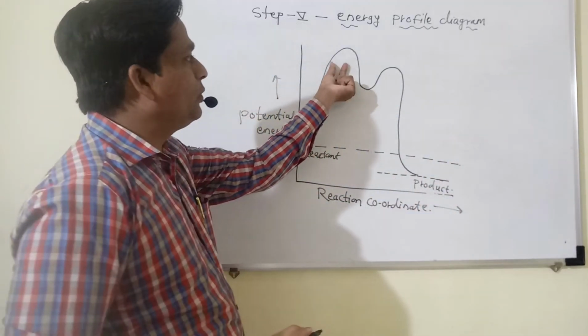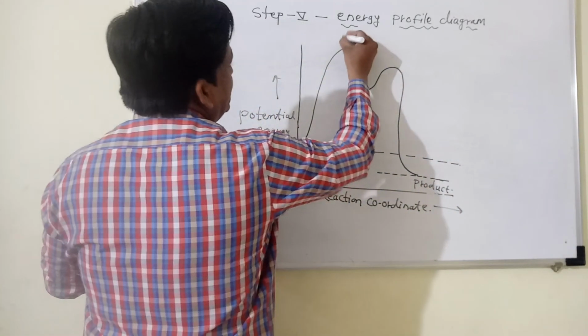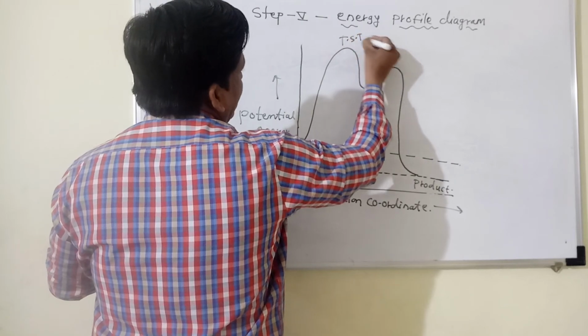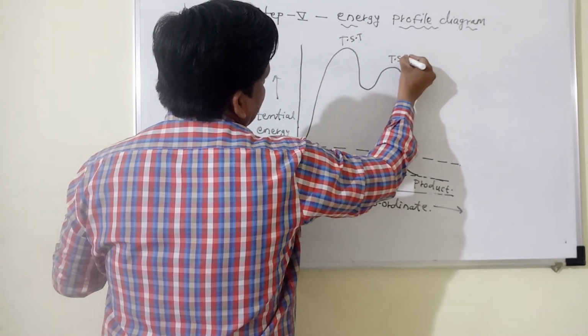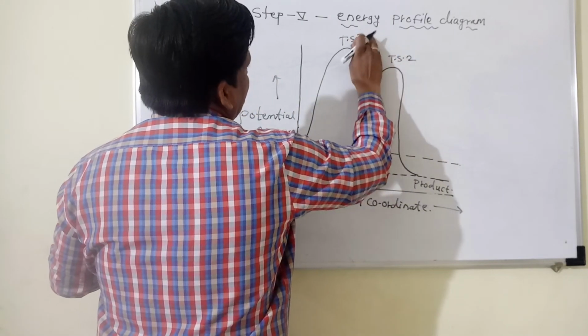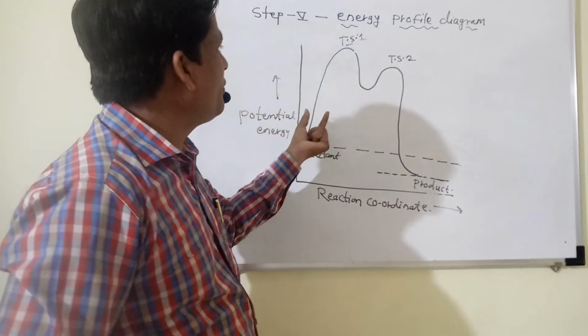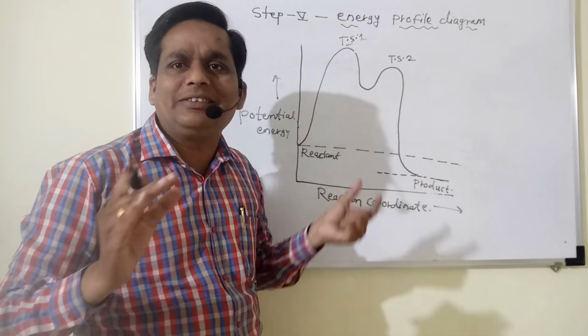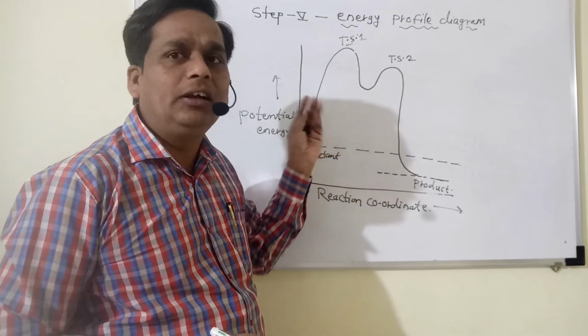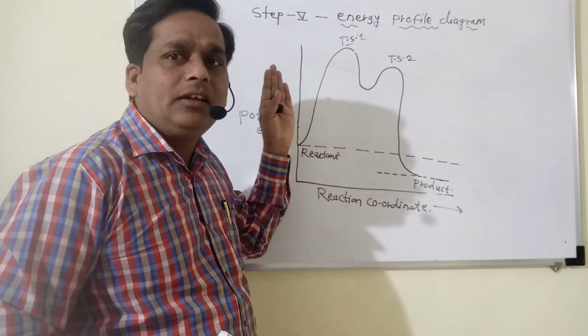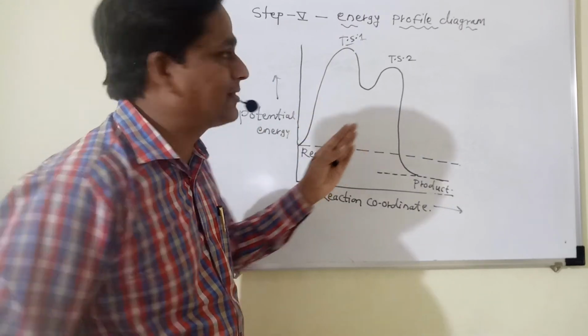Why do I show two peaks here? Because this is the first transition state and this is the second transition state, the TS first. In the mechanism we already saw there are two transition states, meaning this reaction involves two steps. The first step is the slow step and the second step is the fast step.